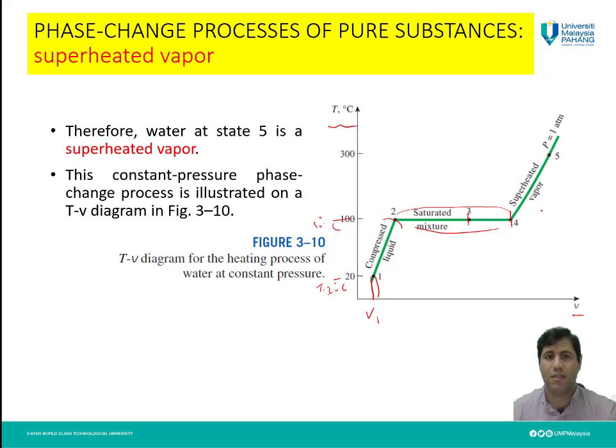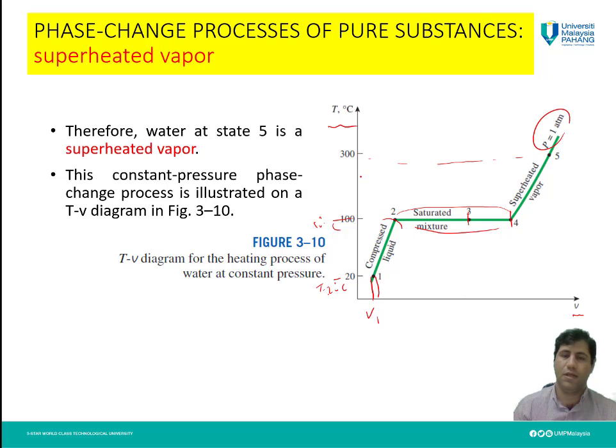We continue to add more thermal energy to the water or to the vapor. We have superheated vapor here. And you should notice this curve, which shows the phase change process on the T-v diagram, is for constant pressure, which was 1 atmosphere.